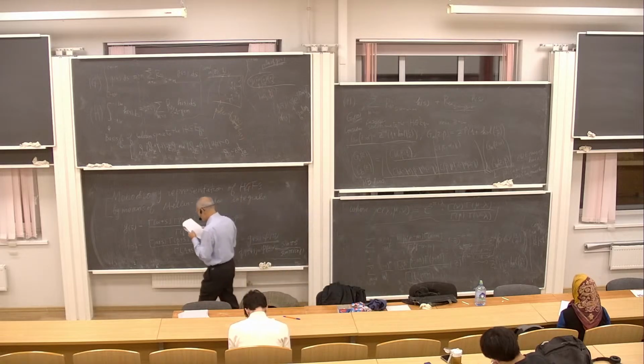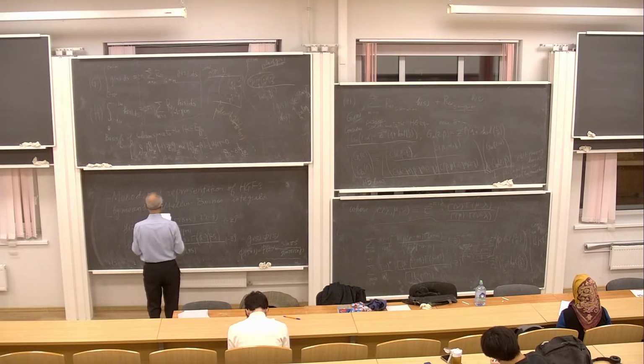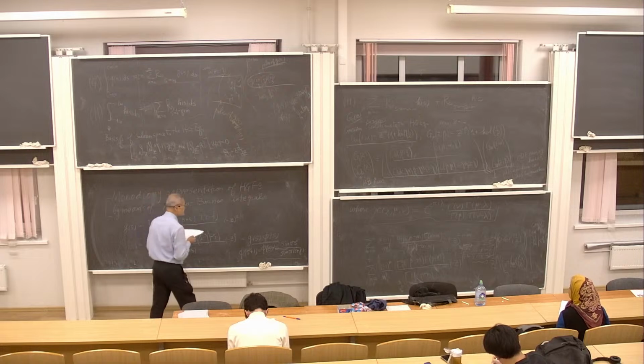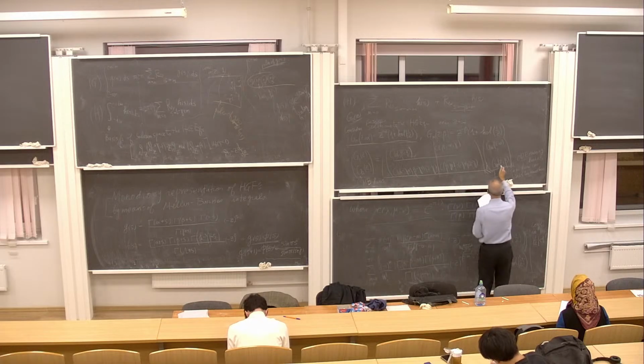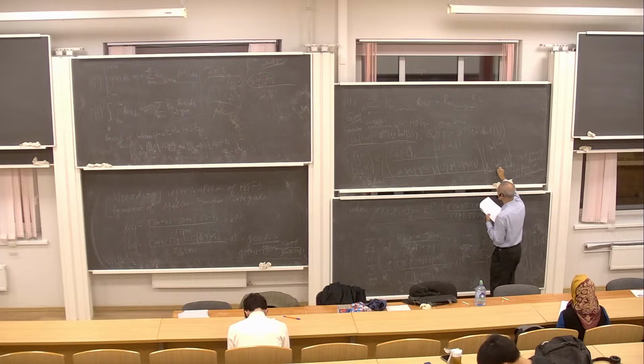And the advantage to use this basis is the fact that it is extremely easy to calculate monodromy at z equals infinity with respect to this basis.